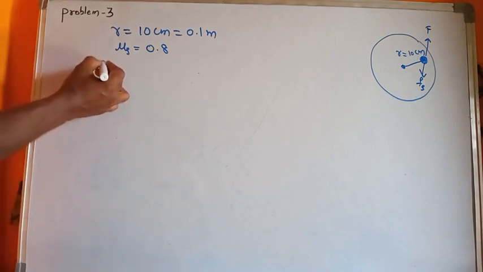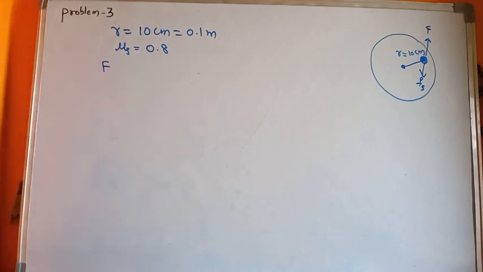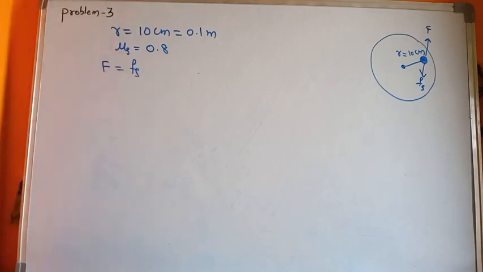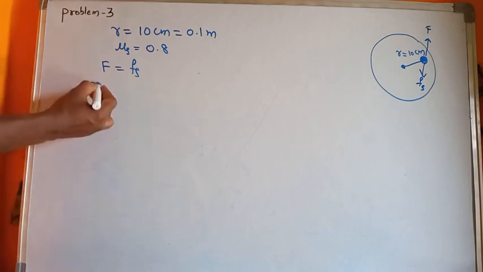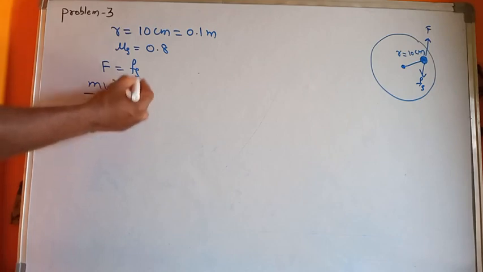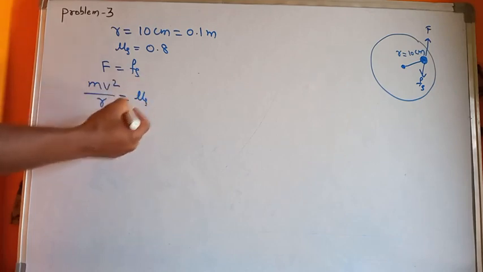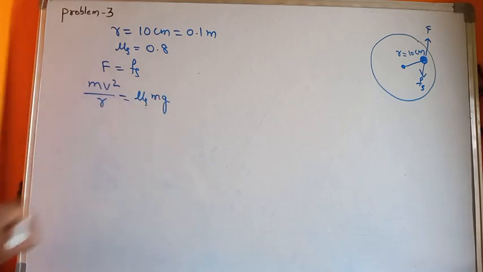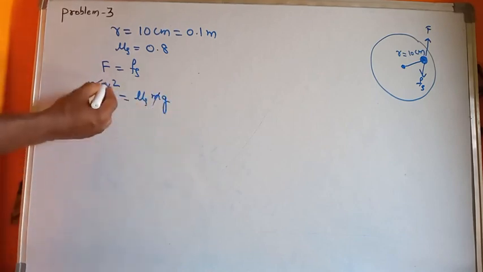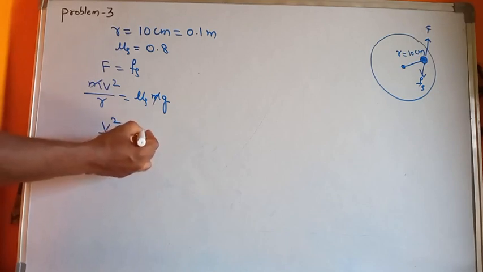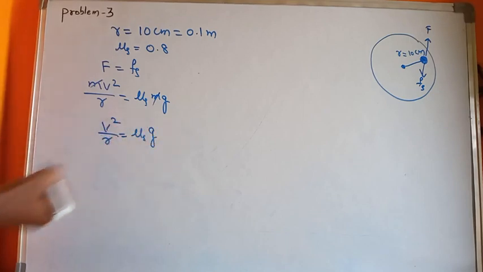So in equilibrium, the centrifugal force is equal to static friction. The centrifugal force is m v square by r, and it is equal to the frictional force mu s into N. In place of N we can write m into g. The m cancels, and v square by r is equal to mu s into g.